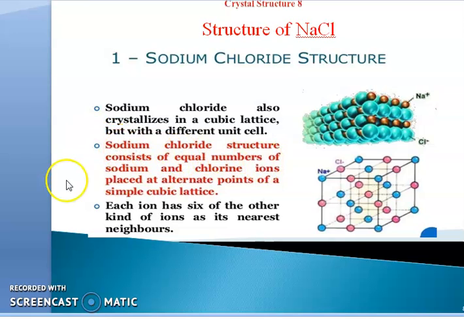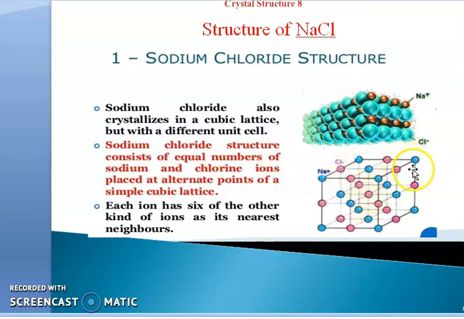Sodium chloride structure consists of equal number of sodium and chlorine ions placed at alternate points of a simple cubic lattice. Here, very important concept. Sodium chloride structure consists of equal number of sodium and chlorine ions. Here, blue color sodium, pink color chlorine shown here.